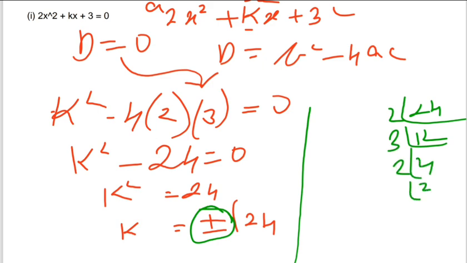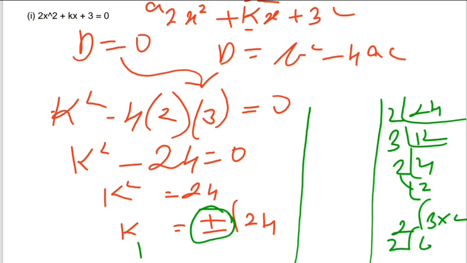So we can write 2 root 3 into 2, that is 2 root 6. So k will be equal to plus or minus 2 root 6. So this is our answer.